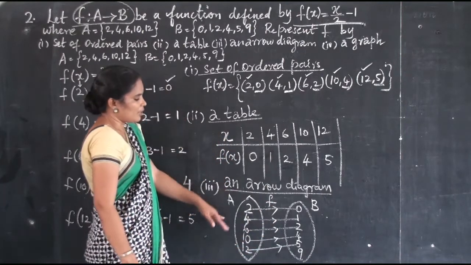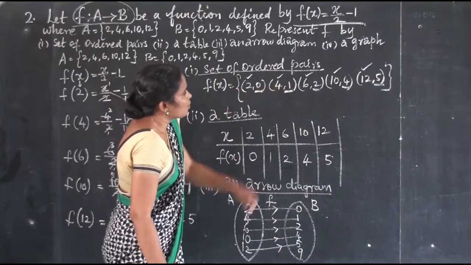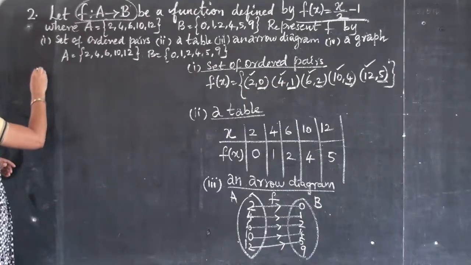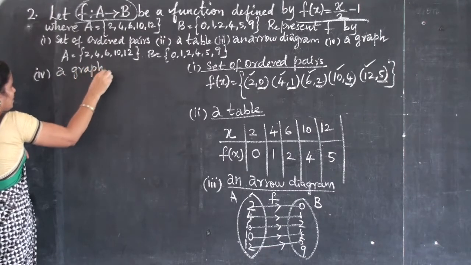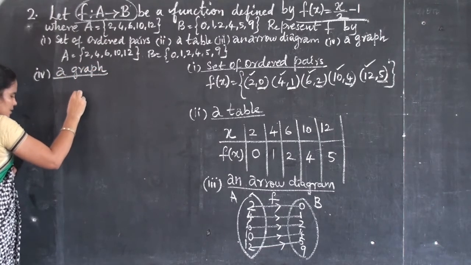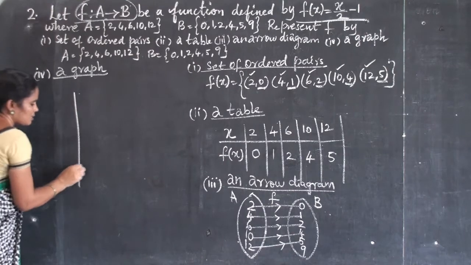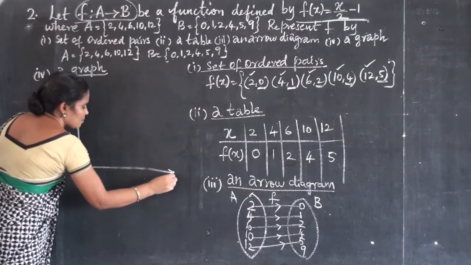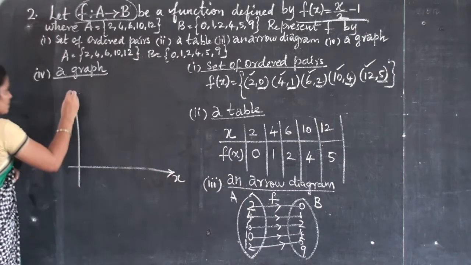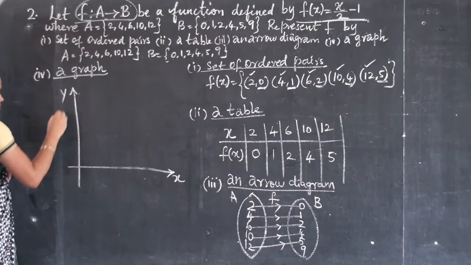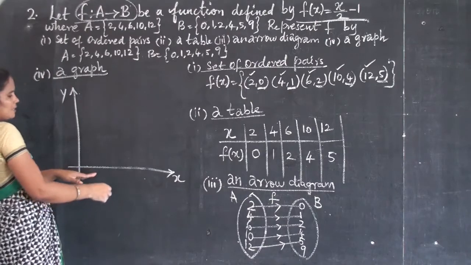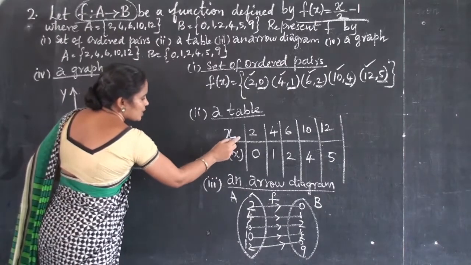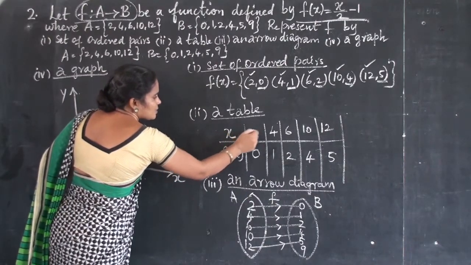Okay, that is the arrow diagram. And now let us move on to the graph. Draw the axes x and y. Before taking the axes, check which is the highest in x: 12.